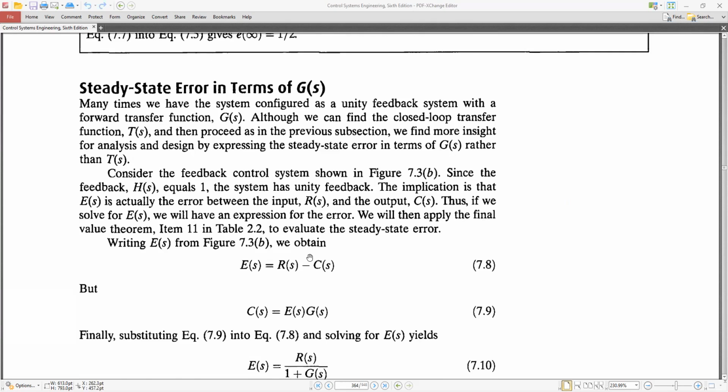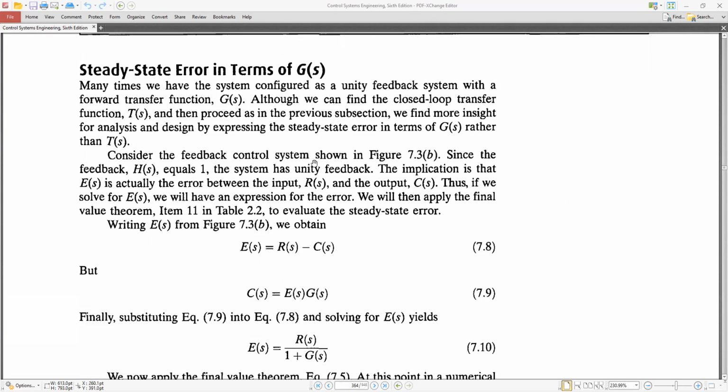Now consider the feedback control system in figure 3b. Since the feedback H(s) equals 1, the system has unity feedback. The implication is that E(s) is actually the error between the input R(s) and the output C(s). Thus, if we solve for E(s), we will have an expression for the error.